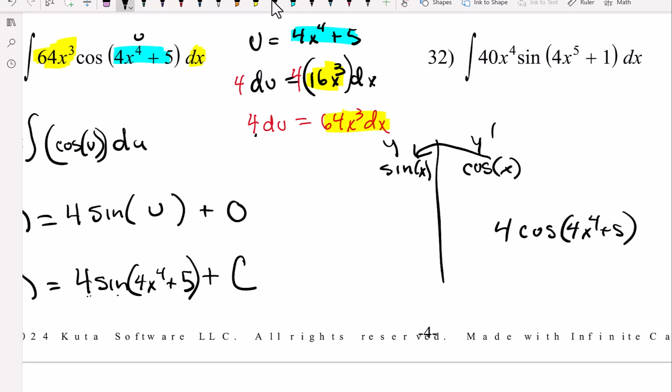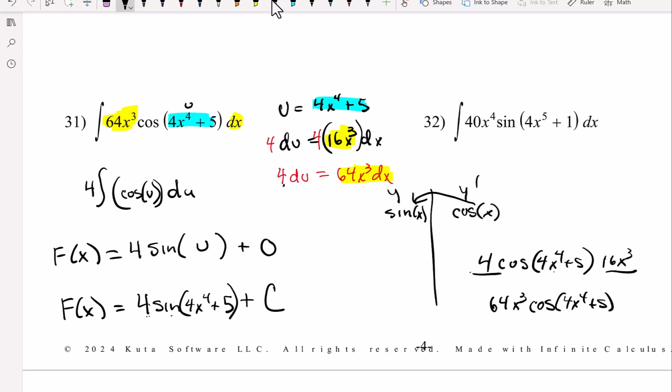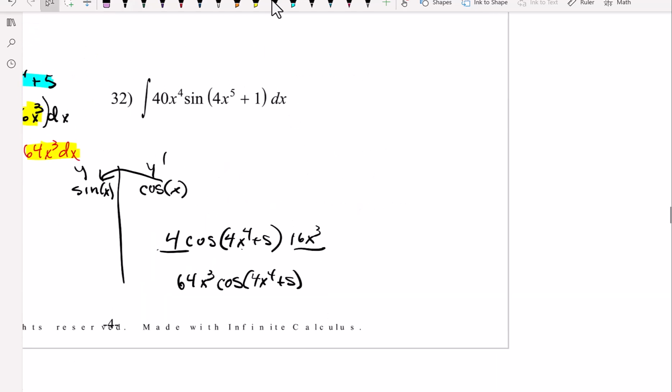And then the chain rule, the derivative of the theta is 16x cubed, but when you multiply 16x cubed times 4, you get 64x cubed cosine theta. And that is what it started off being. All right, I'm going to go ahead and erase this.